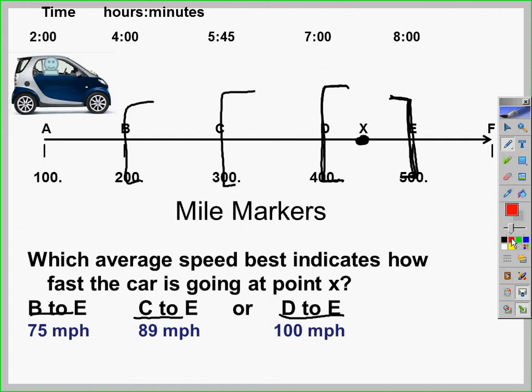So if we narrow it in even closer and said, what about between this time and that time? That would even be a better estimate. So this one right here is the best indicator of how fast the car is going at point X. The smaller the time interval, the better the estimate is to the instantaneous speed.